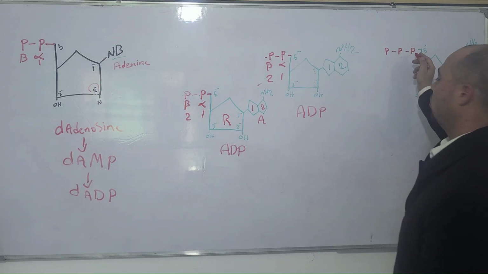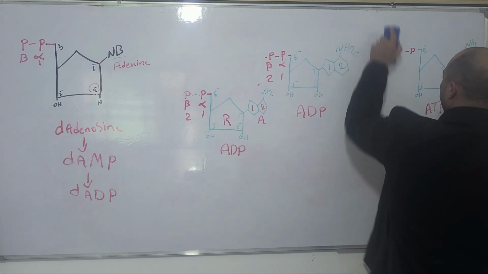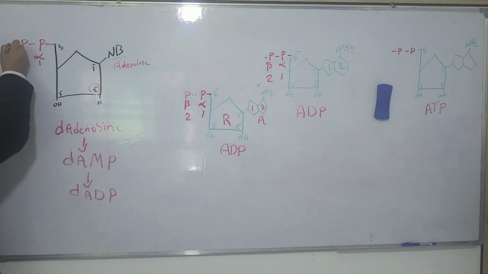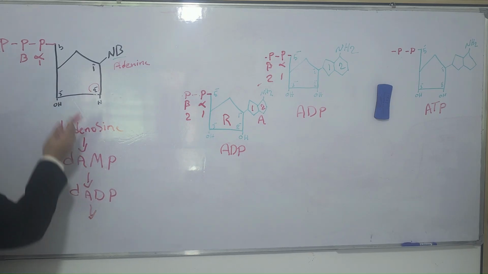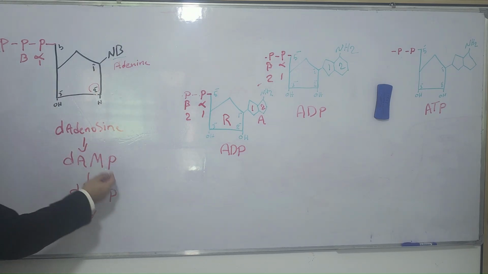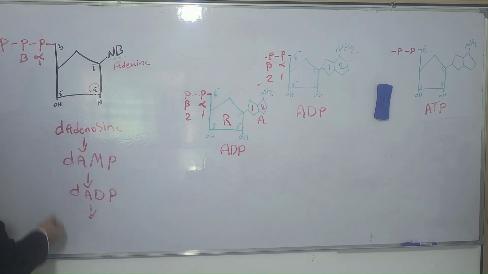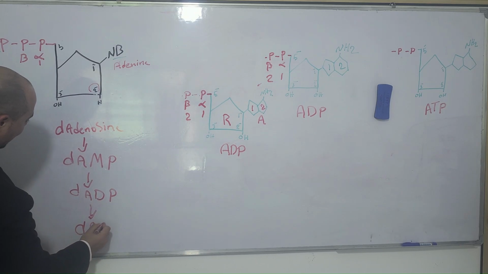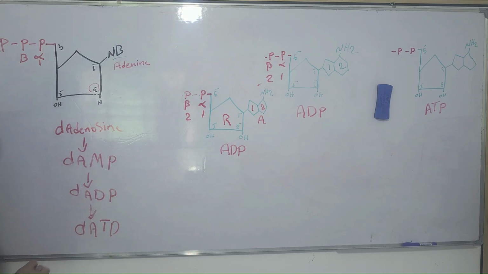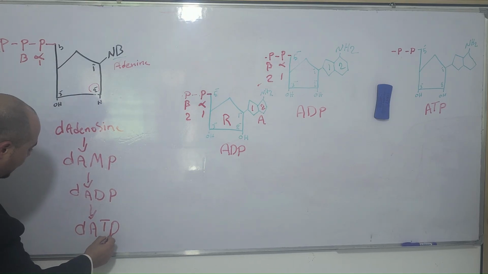And the last one also, alpha, beta, gamma, they take this phosphate and we put it right here. And now, ladies and gentlemen, the enzyme that does this is called deoxyadenosine diphosphate kinase. And now we have what we call deoxyadenosine triphosphate, or the dATP, okay?